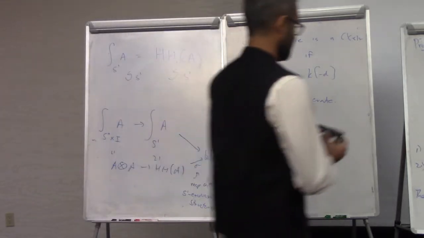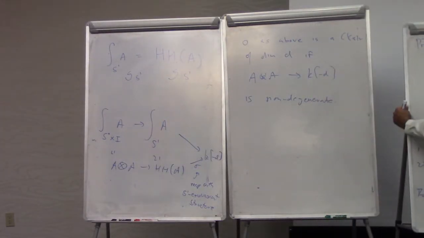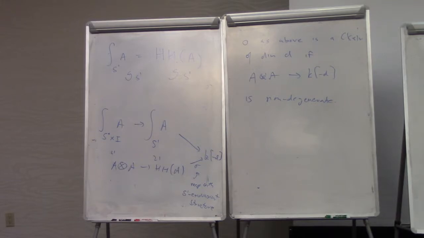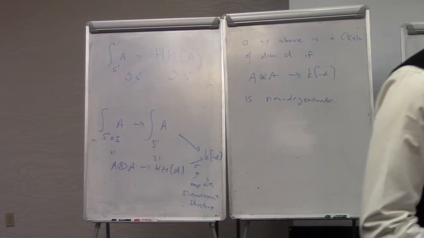Let me say what that is in terms of categories, since I was using the language of algebras. You can pass between algebras and categories by taking modules over the algebra, and in the other direction by choosing a compact generator. So let me say what this means in terms of categories.